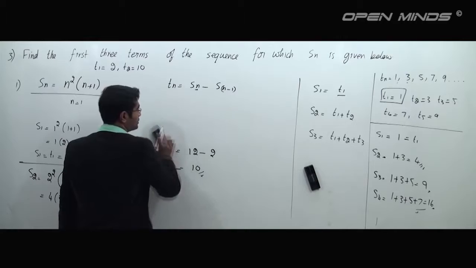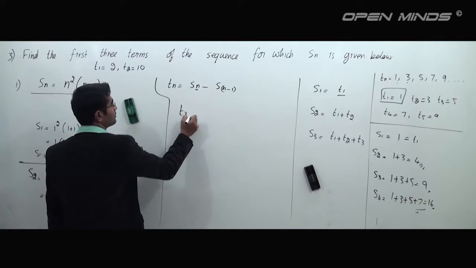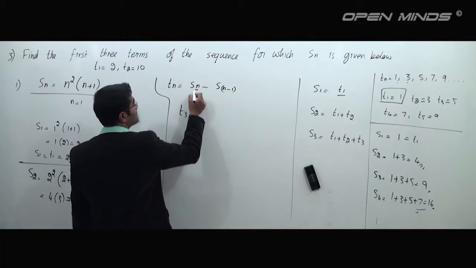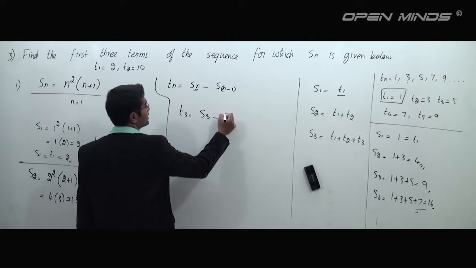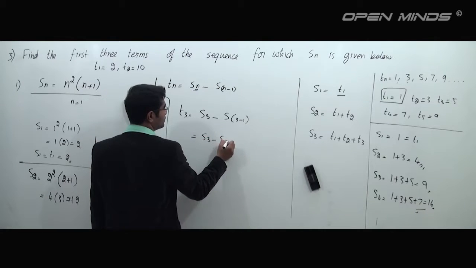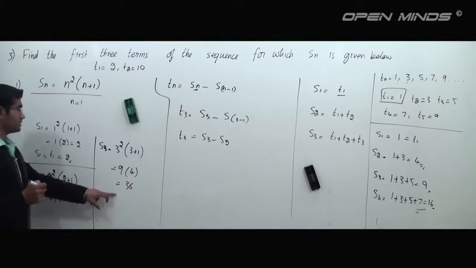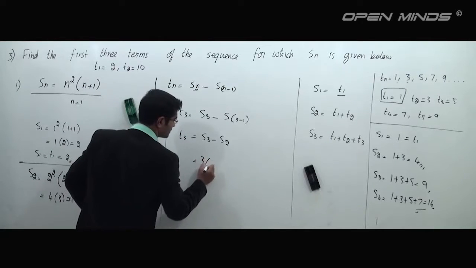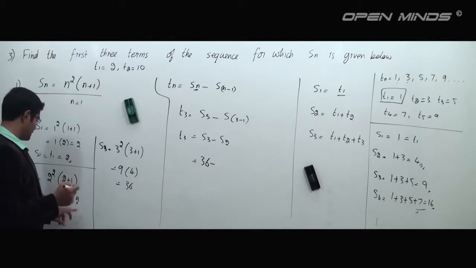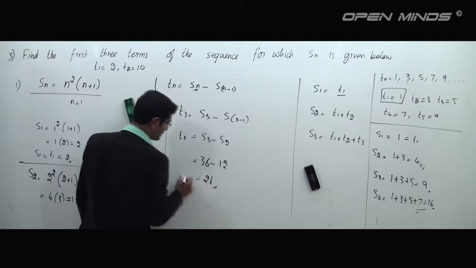Again, to find the third term, let me use the same formula. That is S3 minus S(3 minus 1), so S3 minus S2 is what I get as the third term. S3 is 36, minus S2, which is 12. What you get is 24. This is my T3.